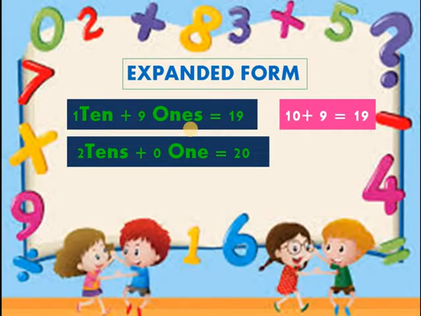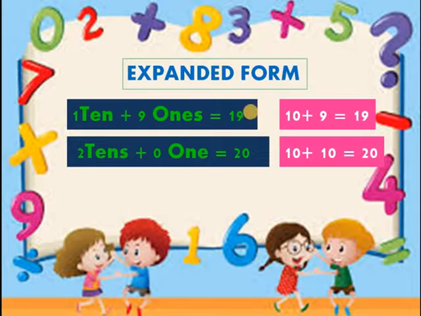This is what you thought, so you can dance and pat yourself. What would be the next number? 18. Perfect. So in 18, the expanded form is 1 ten plus 8 ones. 10 plus 8 is equal to 18. Very nice. Let's move to the next.